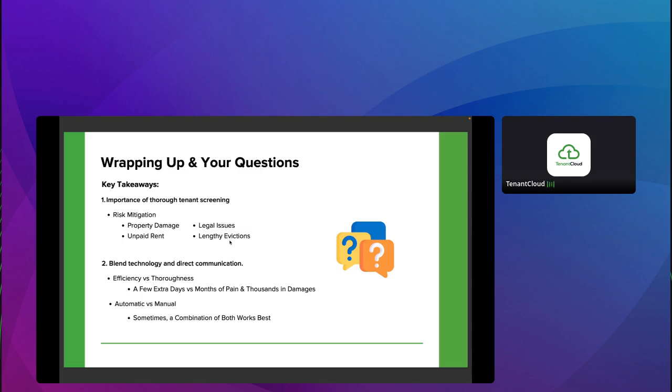And then your manual involvement of reaching out to previous landlords and reaching out to references, and then the local screening process happening. And then, of course, blending technology and direct communication. So efficiency versus thoroughness. Yes, we all want things to happen quickly. We live in a society and a culture where instantaneous is what we like. We like things that happen quickly.